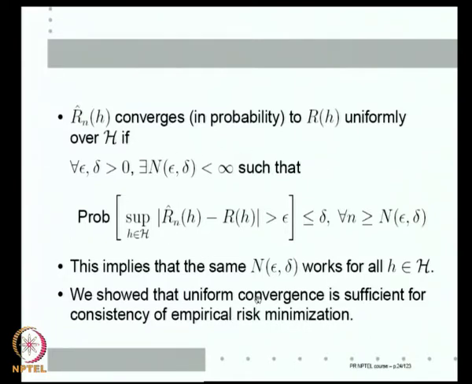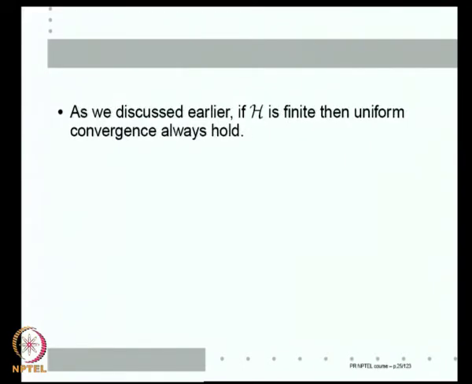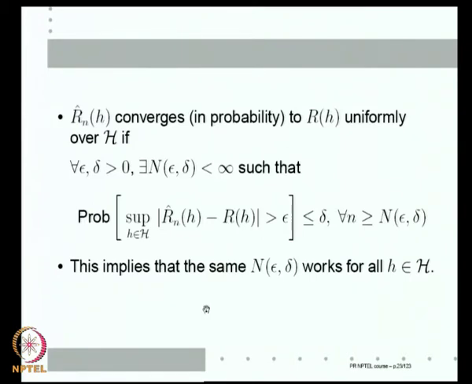So, now our question is how to decide, given an H, whether or not this uniform convergence holds. For that, we first looked at finite H. Basically, if the class of classifiers H is finite, then uniform convergence always holds. The idea is that for uniform convergence, the probability that the supremum over h of |R̂_n(h) - R(h)| is greater than epsilon should be less than delta.